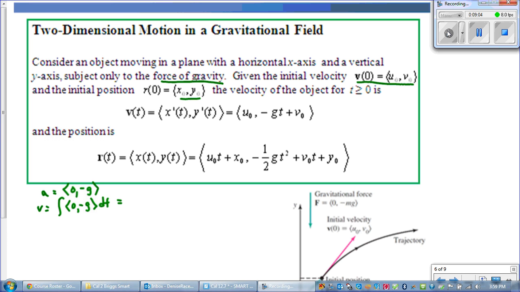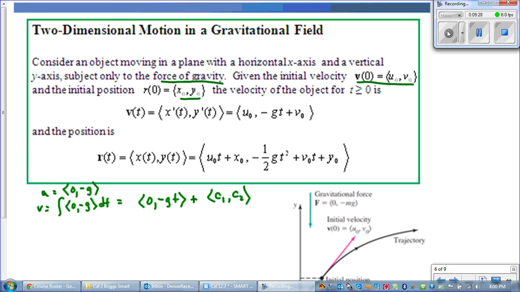Now, to have a derivative of 0, we had to have had just a constant. So we will have still just a 0 here. The derivative of 0 is 0, and then minus gt for the second component, but we'll have that plus a constant vector, c1, c2.